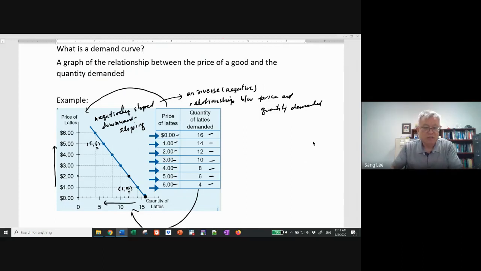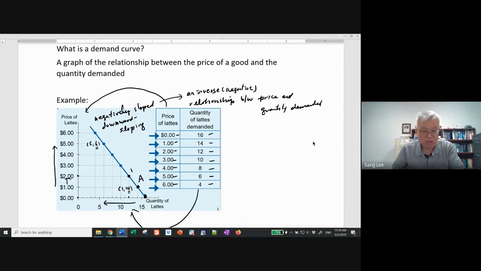Okay, so what happens? Suppose we were initially here, let's say point A. As the latte price rises, first the price rises to 2, then you reduce the purchase of lattes a little bit.